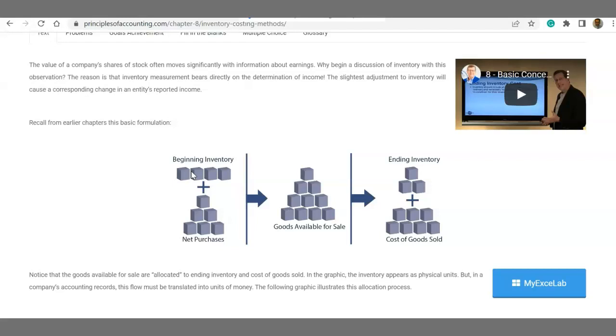So beginning inventory, plus added, is available, and minus ending inventory gives you cost of goods sold. So B-A-A-S-E: beginning, added, available, subtract. A very useful concept in accounting and in multiple choice situations.